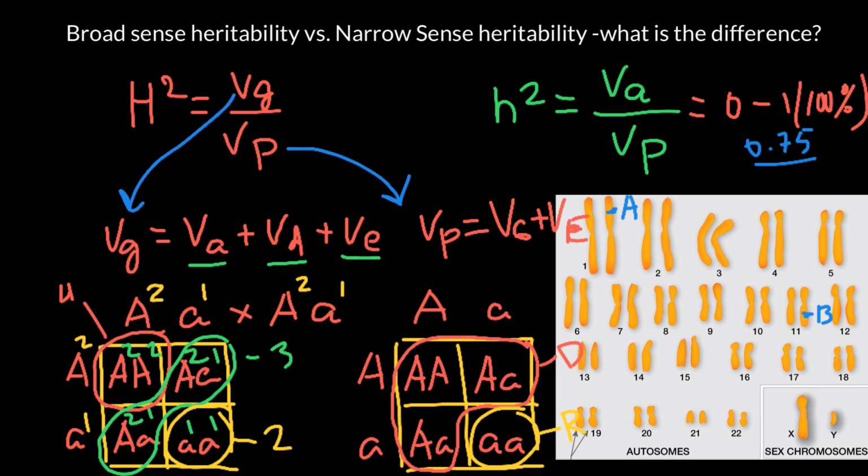But sometimes we can see numbers that are very close to 0, for example 0.1 or even 0.01. That means that all the variance here would be due to environmental variance.